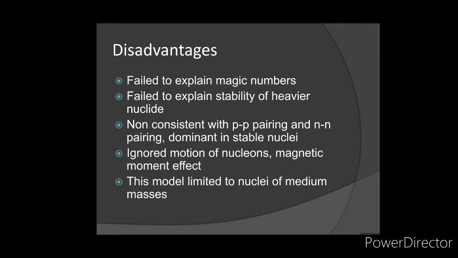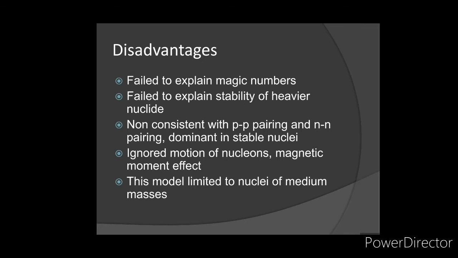The main disadvantage of this liquid drop model is that it failed to explain the magic numbers. The periodicity in the nuclear properties at magic numbers doesn't find any satisfactory explanation in this model. This model failed to explain the stability of heavy nuclides.